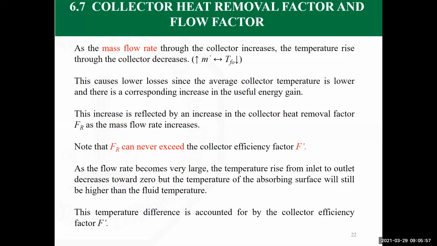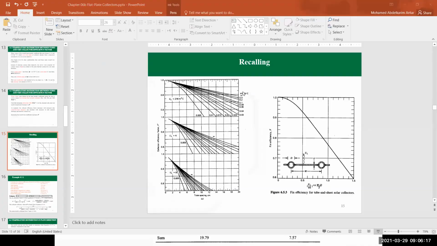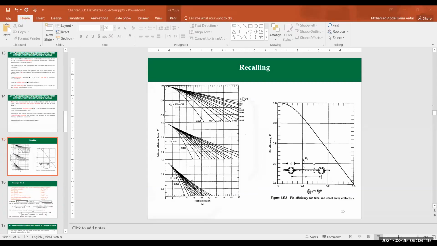Yes. Okay. Here we have an example. In this example, we are supposed to calculate the daily useful gain. We are going to do it for several hours of the day, so we are going to repeat the equation, or the analysis, maybe once every hour or so.